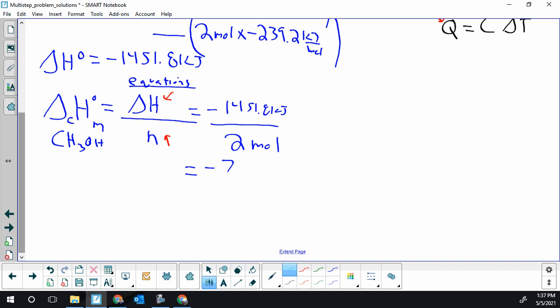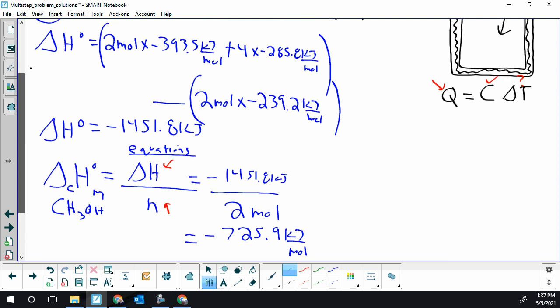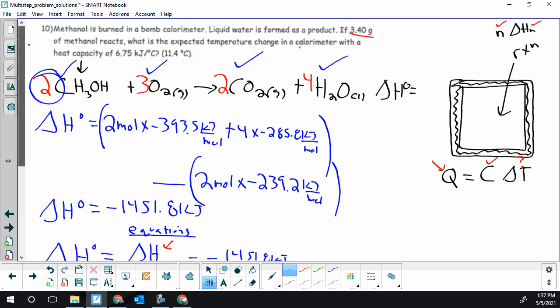So we finally have our molar enthalpy. Okay. All of that work just to get one small piece. Okay. We now actually know that red arrow, that red check mark, that molar enthalpy.